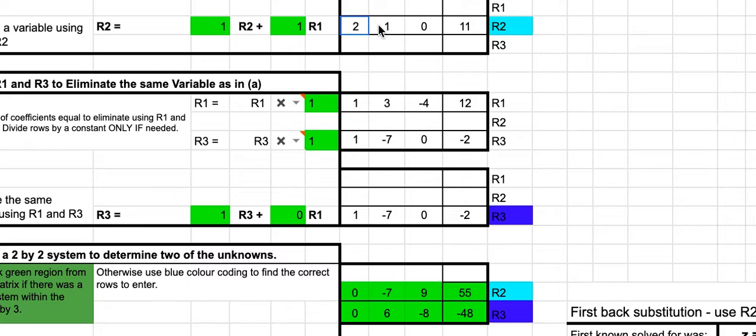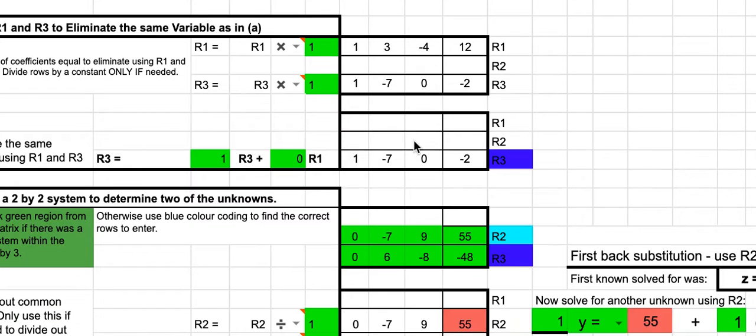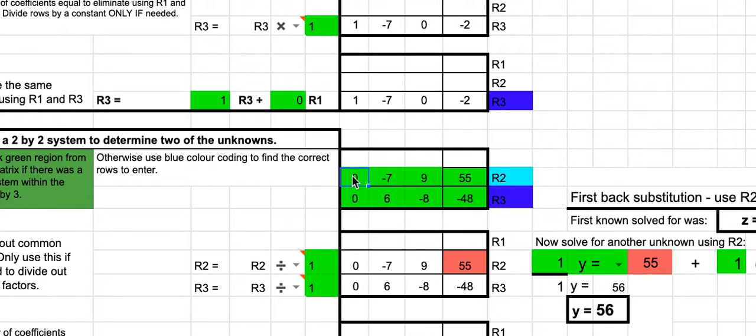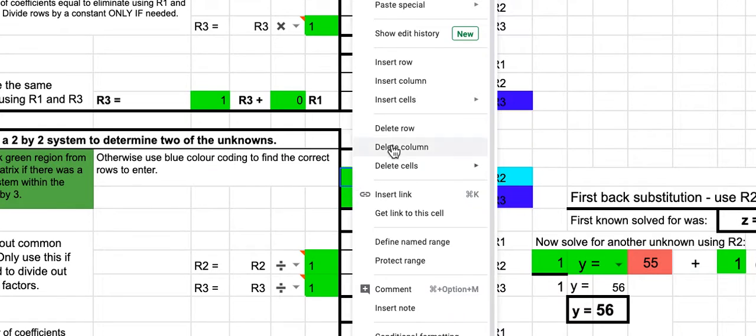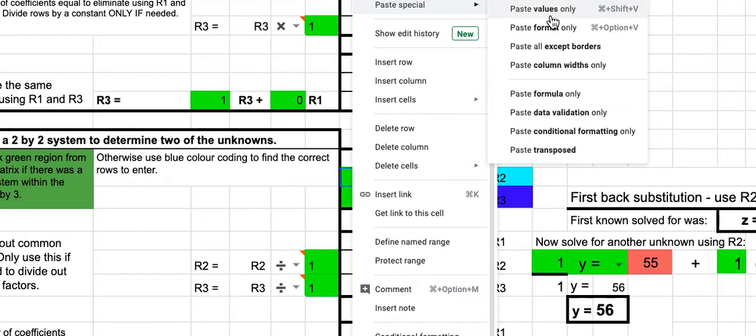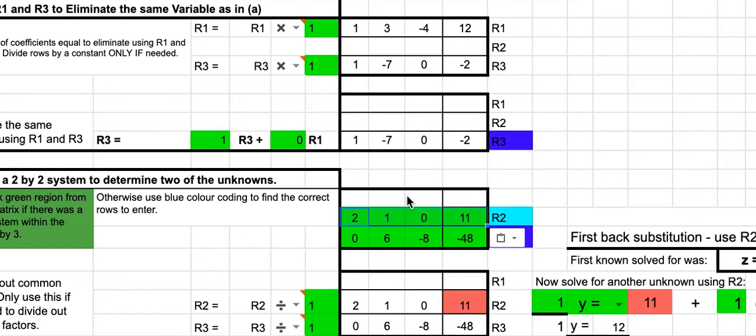So what I need to do is copy down. So again, I select that, Control C is copy, and then make sure that you go to Paste Special, right-click your mouse, Paste Special, and Values Only. Then we go to row 3, right here.